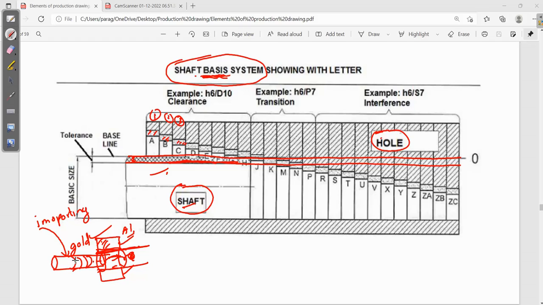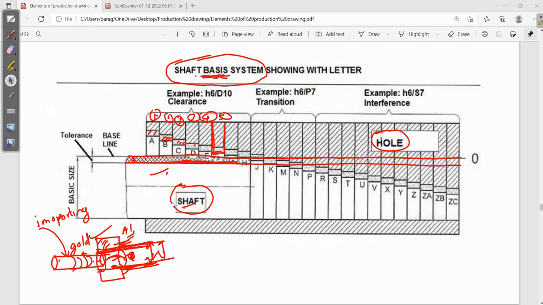You don't have to machine the shaft; you will only machine the hole. Again and again you will measure this dimension, to see how much this particular hole will adjust with the shaft. In this case I will continuously remove the material of the hole. So if you see, this is first, second, third, fourth, fifth. Suppose consider that this is hole one.